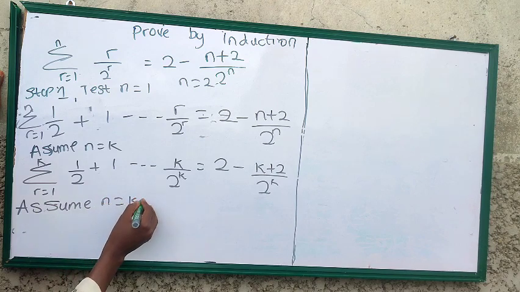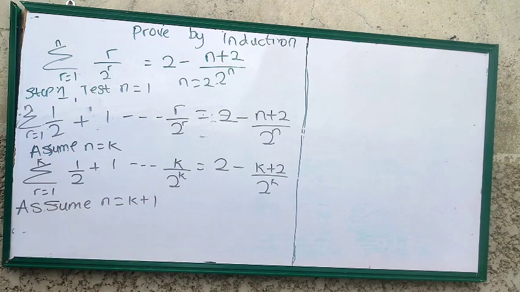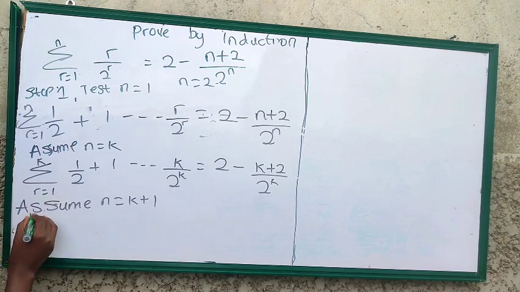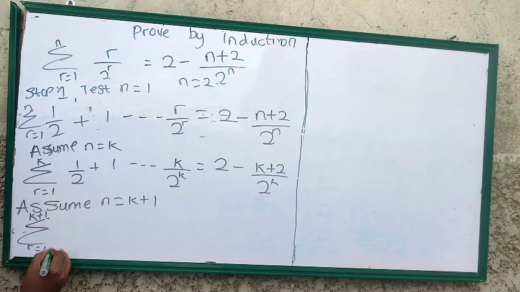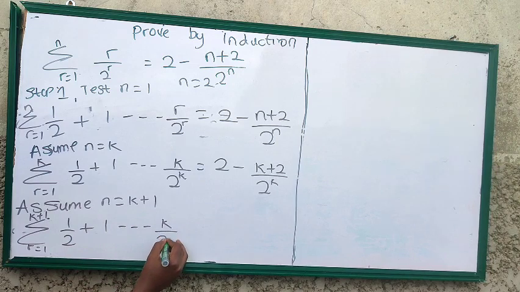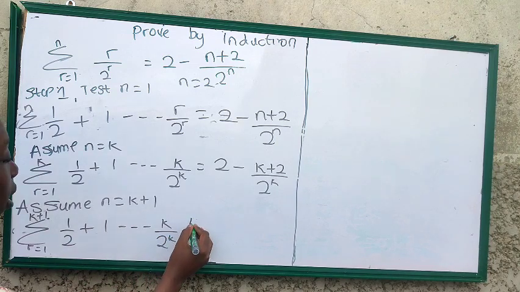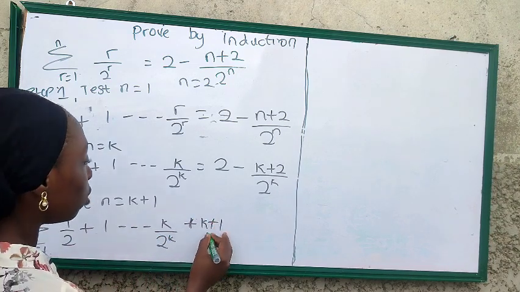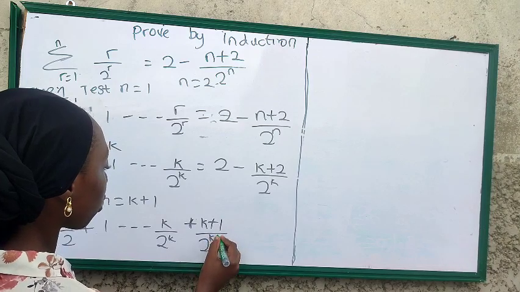Our step 3 is to assume n equals k plus 1. So anywhere we see n, we just put k plus 1. So we have 1 over 2 plus 1 plus up to k divided by 2 to the power of k, then k plus 1 divided by 2 to the power of k plus 1.